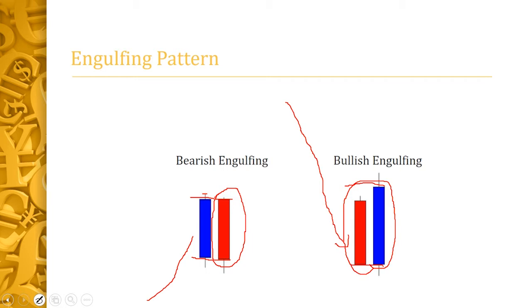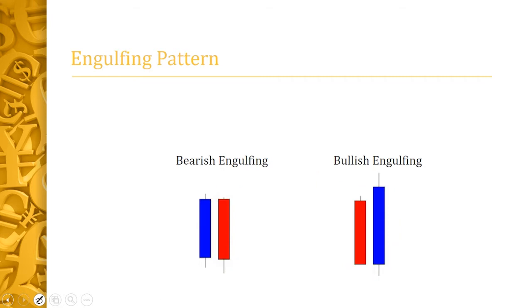And when you get a pattern like this, that doesn't mean the market is going to reverse immediately, but it alerts you that there is a possibility that the market may stop, go sideways, or reverse.